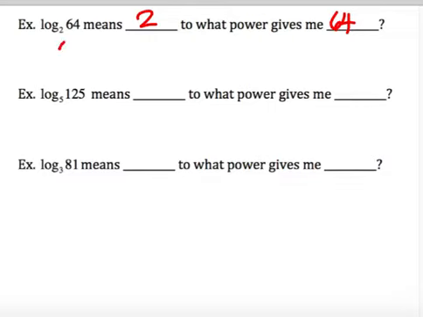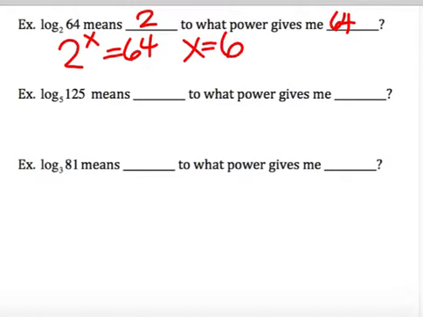So we'd write 2 to the x equals 64. Grab your pink sheet and practice finding that answer. Base 2, scan across that row, and we see that x must be 6. Okay?